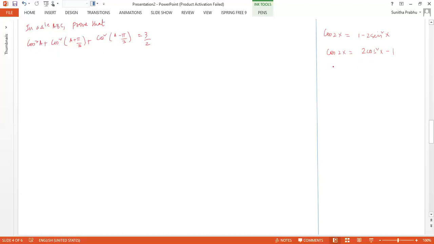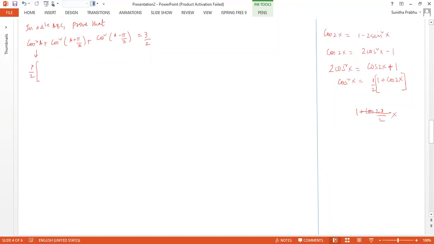So 2 cos square x is equal to cos 2x plus 1, or cos square x is equal to 1 plus cos 2x by 2, or we can say half of 1 plus cos 2x. Sometimes by mistake people write it as 1 plus cos 2x by 2. This is wrong. It is half of 1 plus cos 2x. Okay. With that, how can we write this, ma?